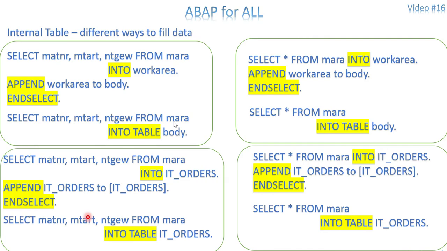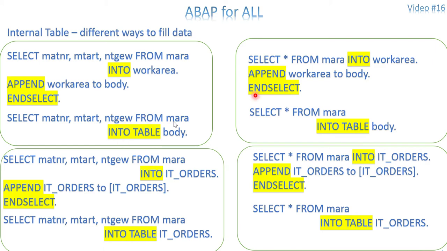Okay, so this is the overview of select, how to pass the information to your internal table. Select few fields from Mara into work area, append it, and then select few fields from Mara into body directly, and select all the fields from database to work area, and select all the fields directly to the body of the internal table.